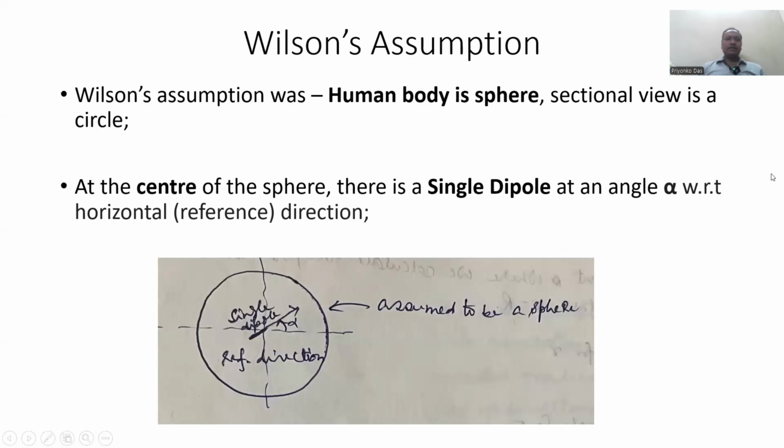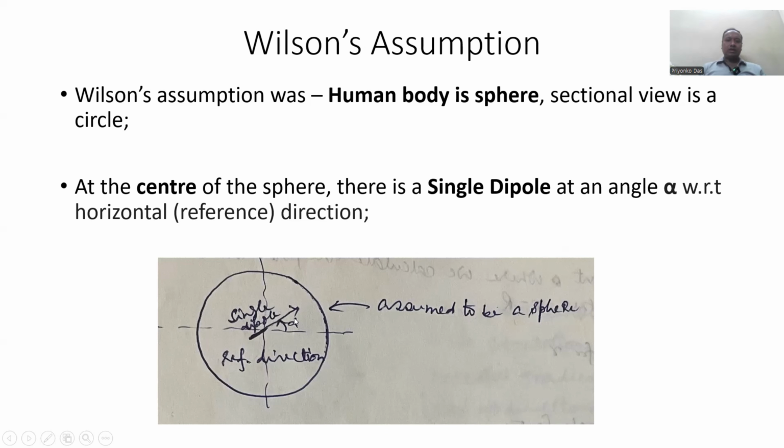Wilson's assumption was that the human body is a sphere whose sectional view is a circle. At the center of the sphere, that means the body, there is a single dipole at an angle alpha with respect to the horizontal reference direction.